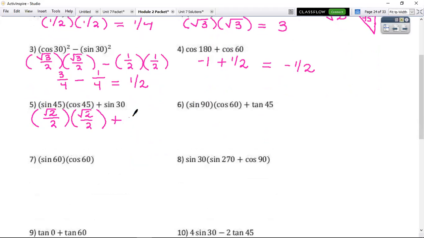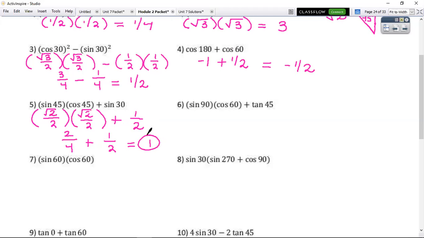Sine of 30 is 1/2. So I keep going. Radical 2 times radical 2 is 2. On the bottom, 2 times 2 is 4. 2/4 is 1/2. So 1/2 plus 1/2 is equal to 1 whole. So just 1.